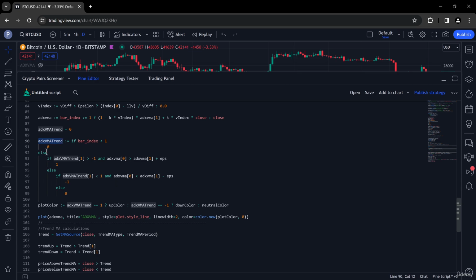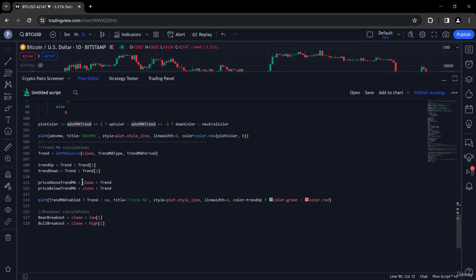When ADX VMA trend is 0, meaning the signal is flat or no trend. When it's 1, it's bullish. When it's -1, it is bearish. In the next subsection, we calculate trend moving average.